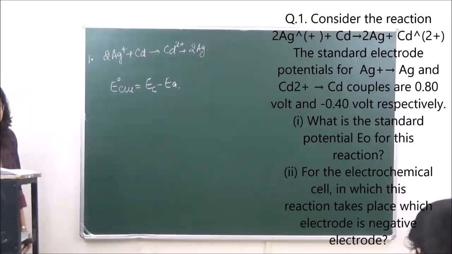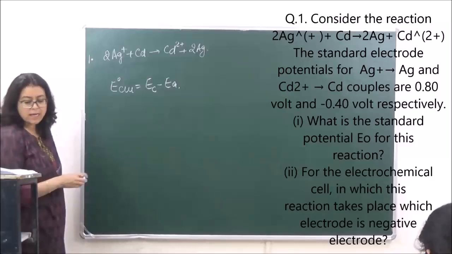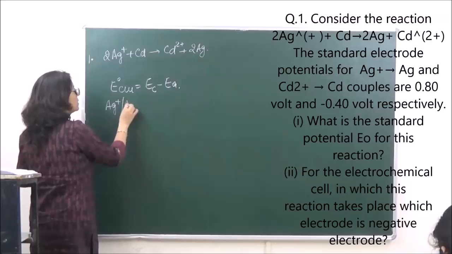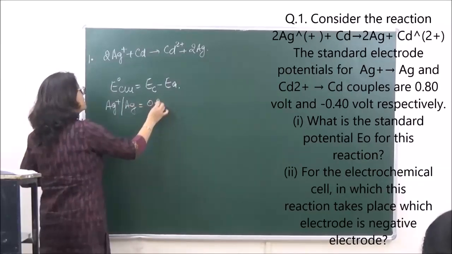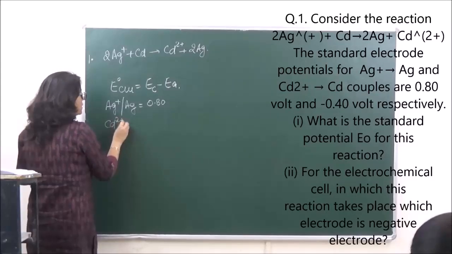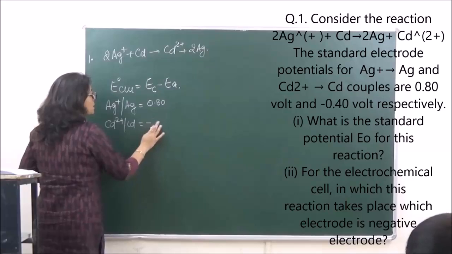Okay, and they have given us the values for both. For the Ag couple, the value given is 0.80, and for the cadmium couple, it is minus 0.40 volt.